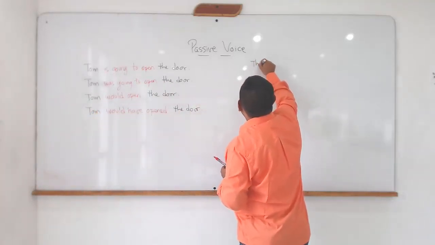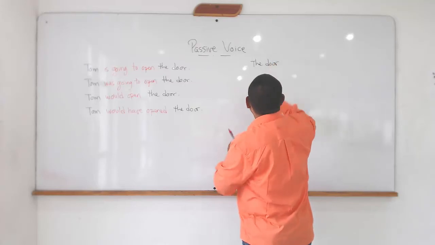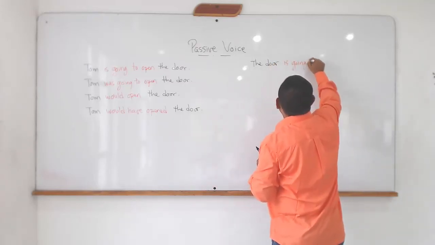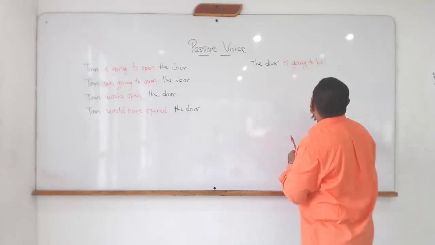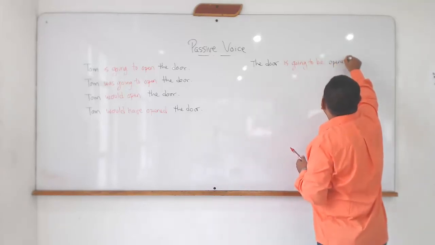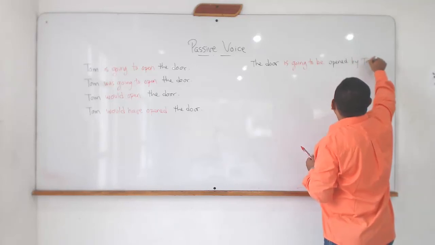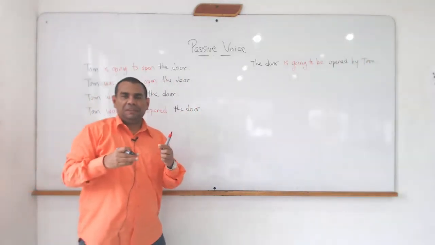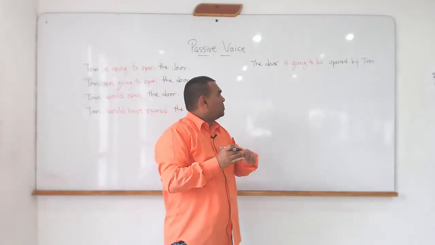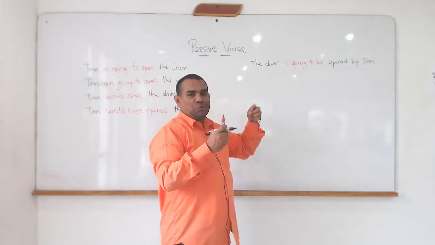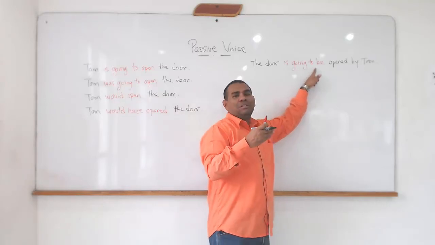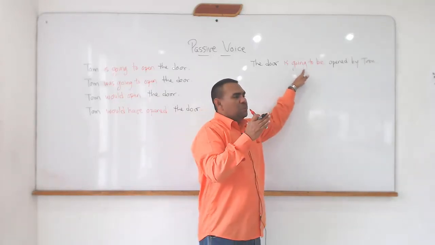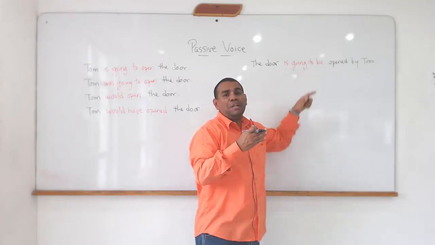Here it is, the door is going to be opened by Tom. Now here we can see that the future with be plus going to is going to place one more time the conjugation of the essential verb taken into account in passive sentences, which is to be.